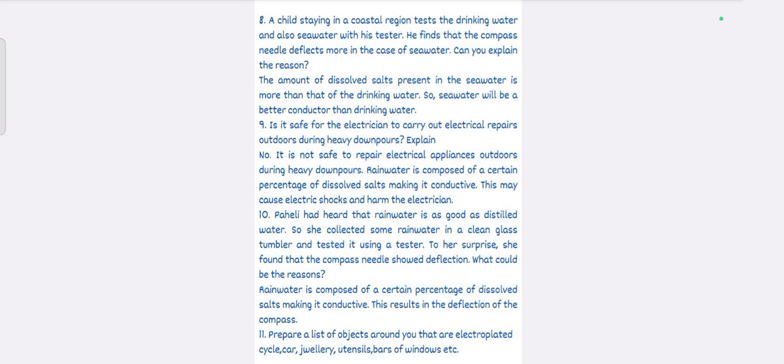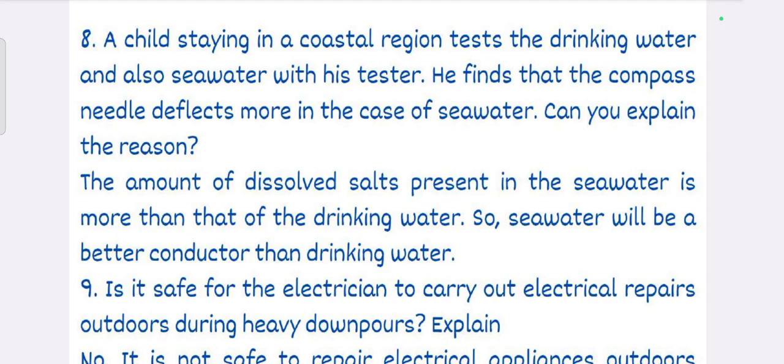Now we will start question 8. A child staying in a coastal region tests the drinking water and also seawater with his tester.